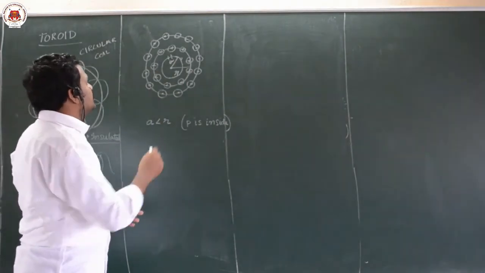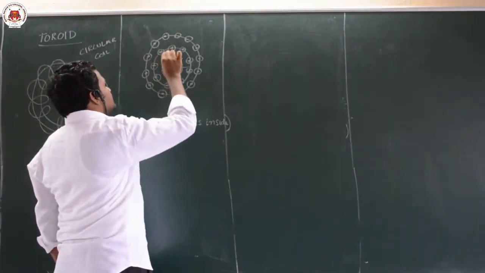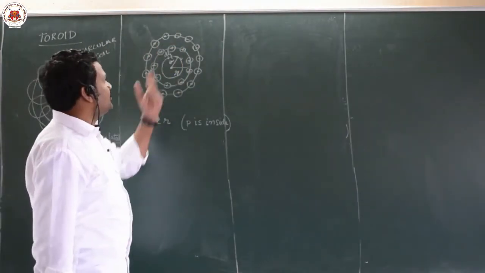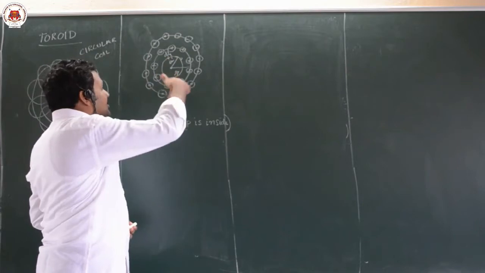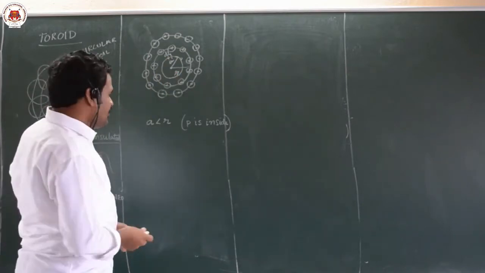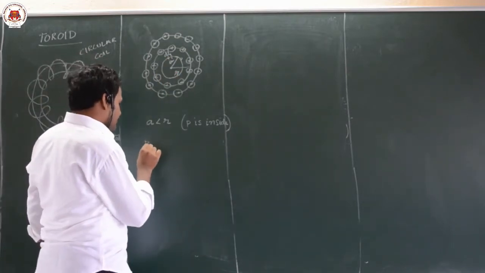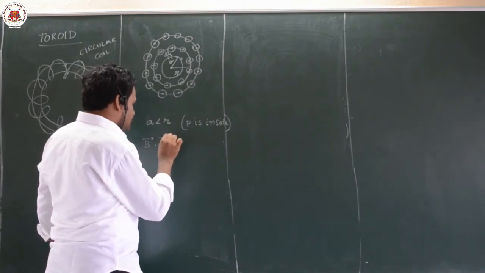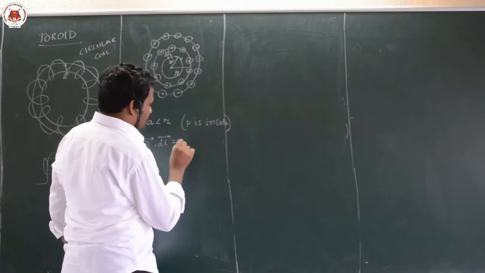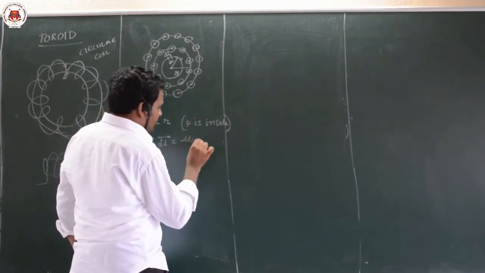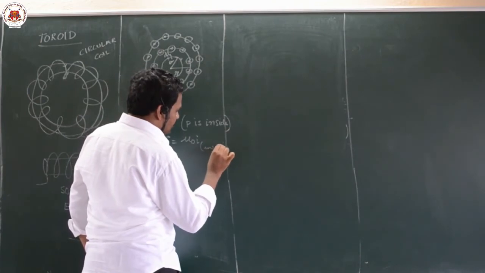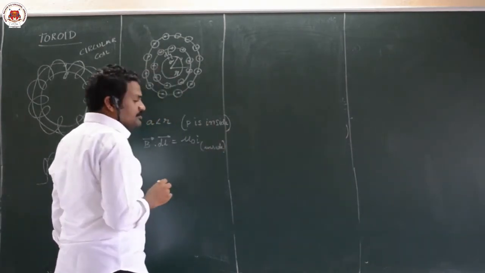Now in this you take a small part dl. This is what we are following from the last few days. We will take a small part dl, integrate, and we get B bar dot dl bar is equal to mu naught times current inside.